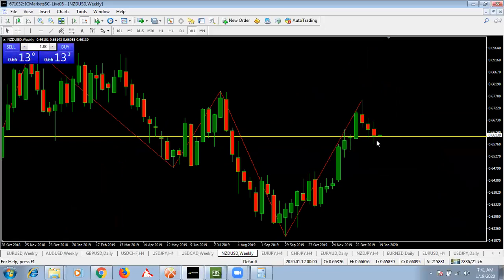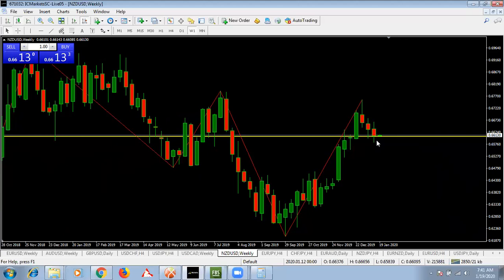Now, you need to understand currency correlation, how these pairs correlate. New Zealand USD, Euro USD, Aussie USD, and GBP USD, these 4 pairs have positive correlation. So if you can define a trend on New Zealand USD, you know what you should expect on Euro USD.